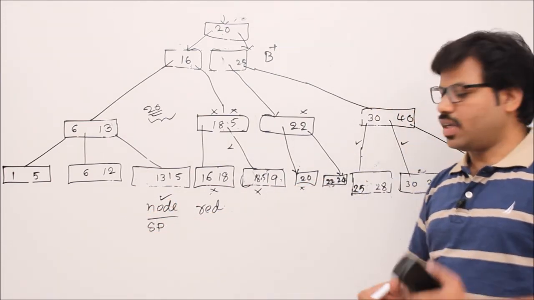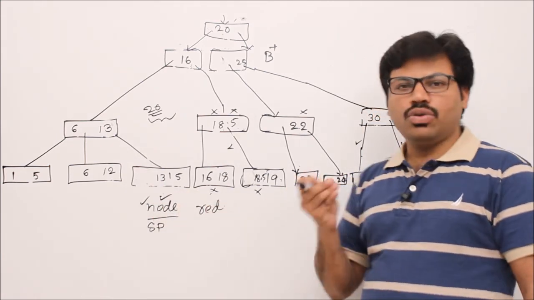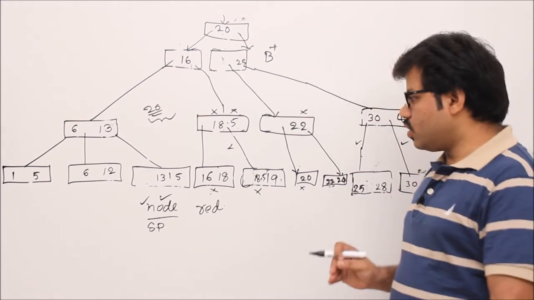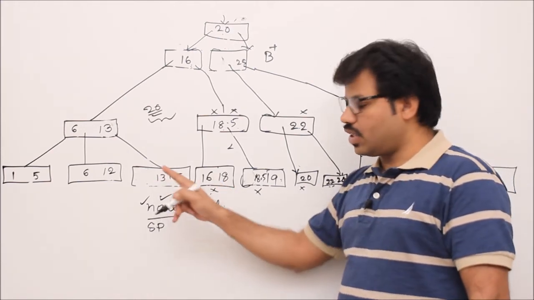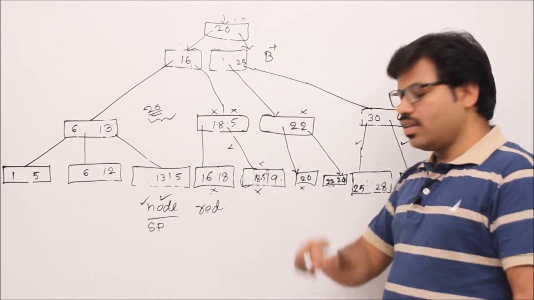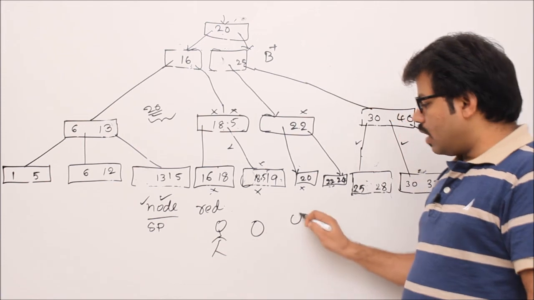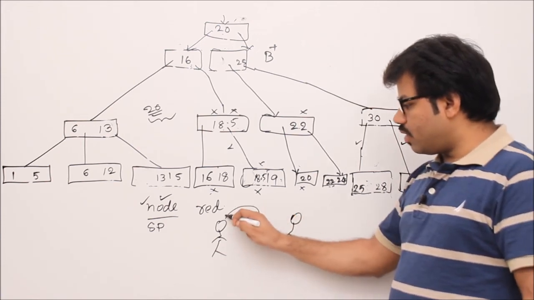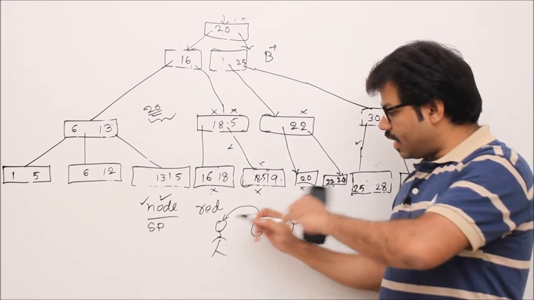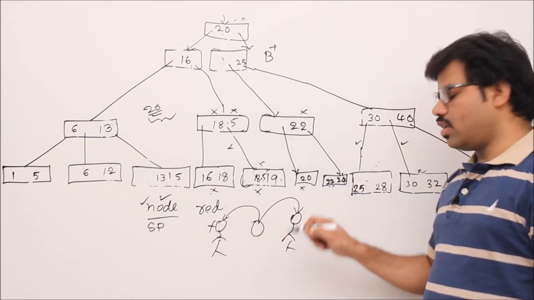We can't say, because, for example, let's say you use redistribution. When you do redistribution, you just consult your neighbor, let's say a sibling. Imagine you have two siblings. You consult sibling number one: my dear sibling, can I send a key to you? He said, I am already full. Then you consult the other one.